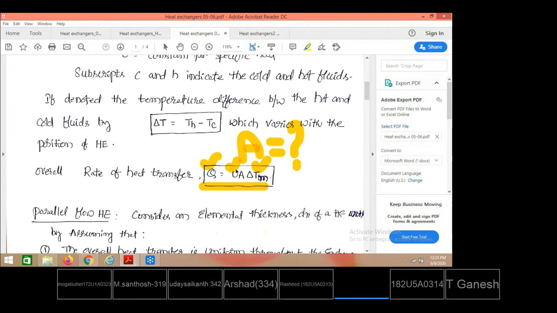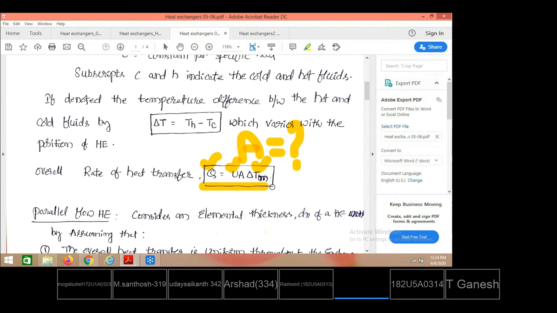So now we know how to estimate the heat transferred from hot fluid to cold fluid. What is the procedure followed? By knowing delta Tm, the mean temperature difference between hot and cold fluid for the entire heat exchanger, the unknown value A can be fixed from the thermal analysis of the heat exchanger.